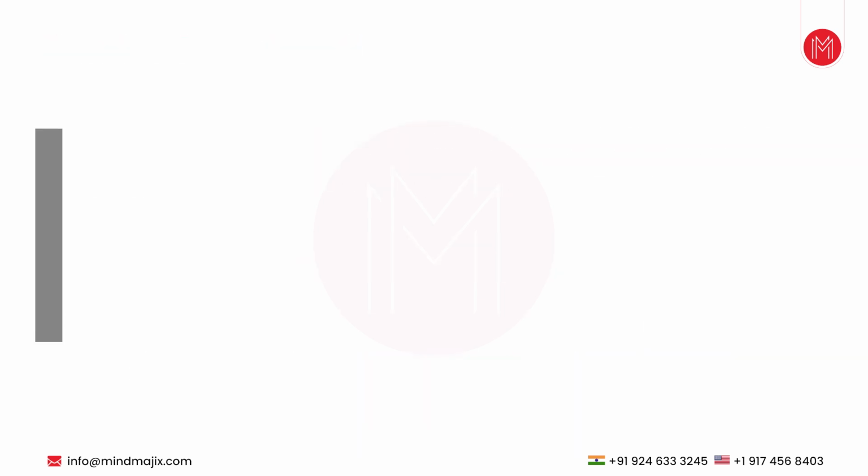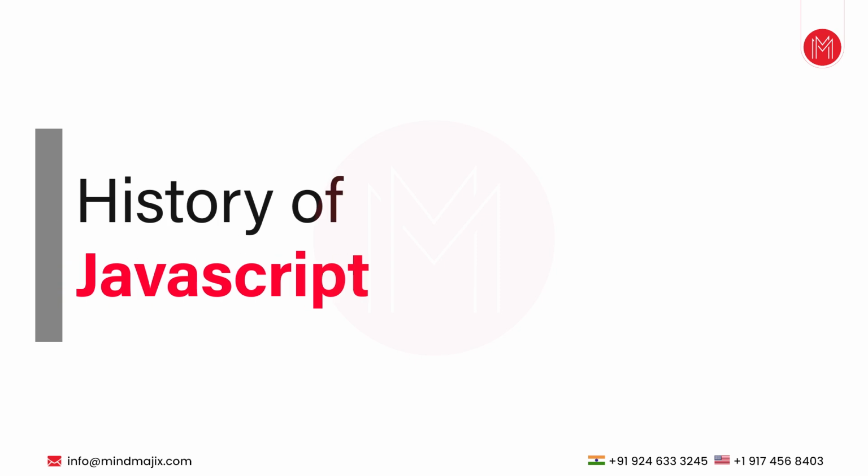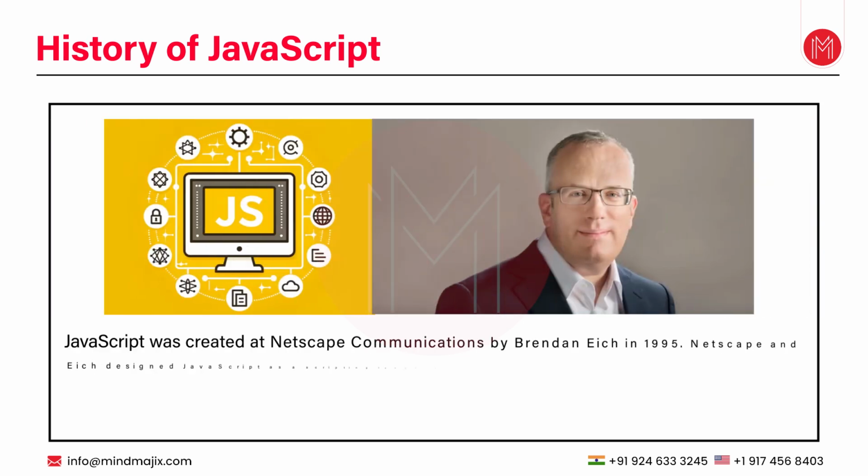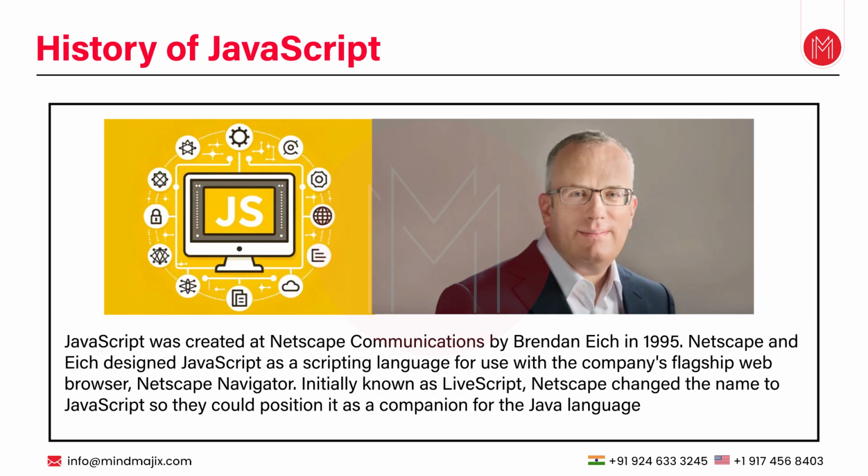Let us discuss the history of JavaScript. JavaScript was created at Netscape Communications by Brendan Eich in the year 1995. Netscape and Eich designed JavaScript as a scripting language for use with the company's flagship web browser, which was called Netscape Navigator.